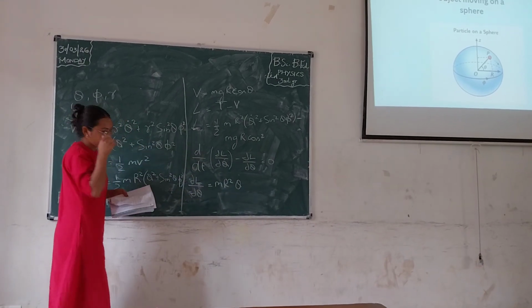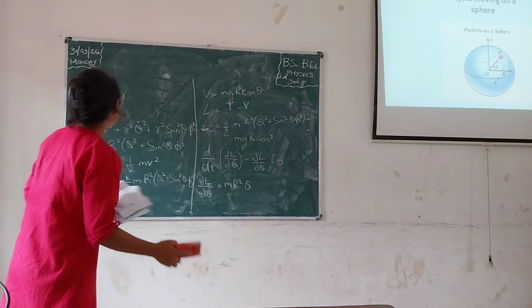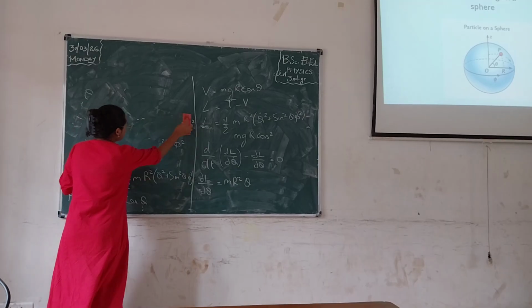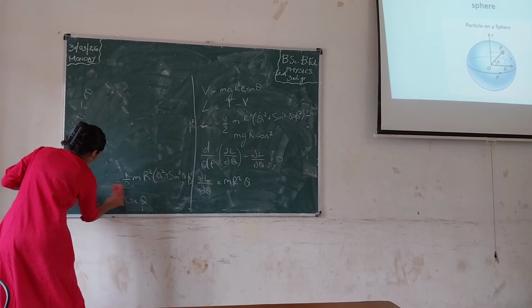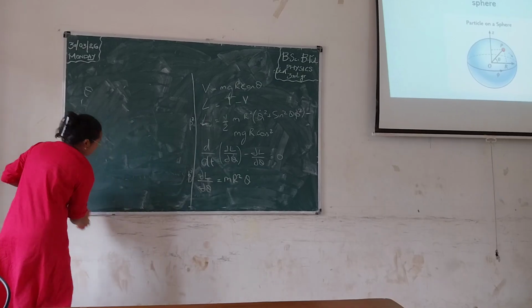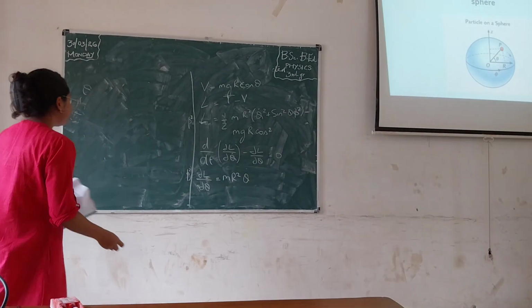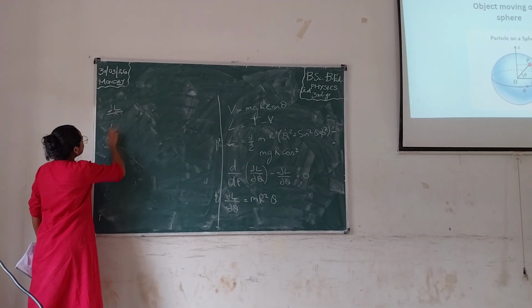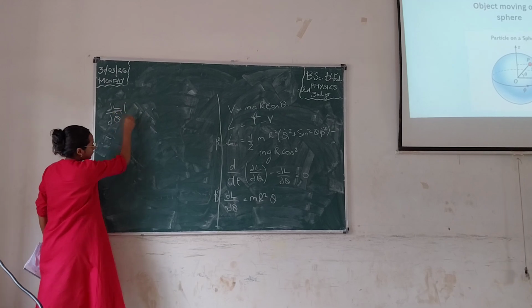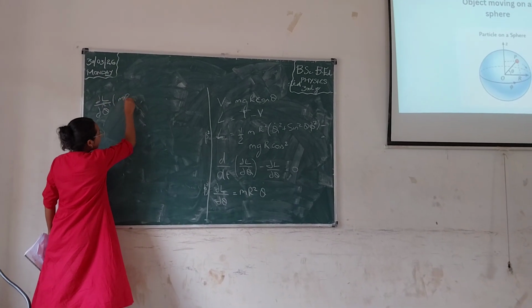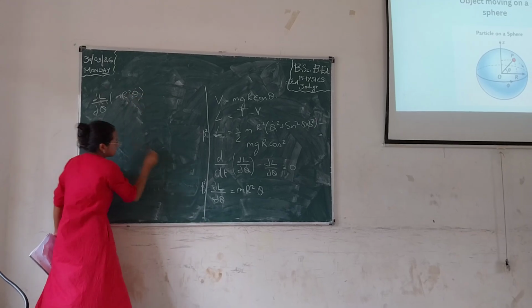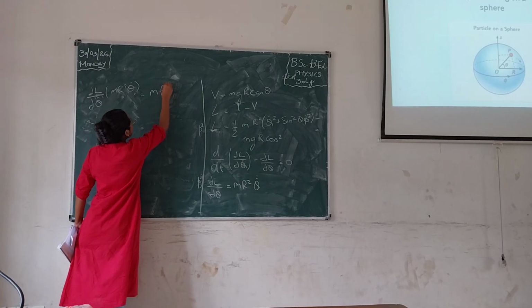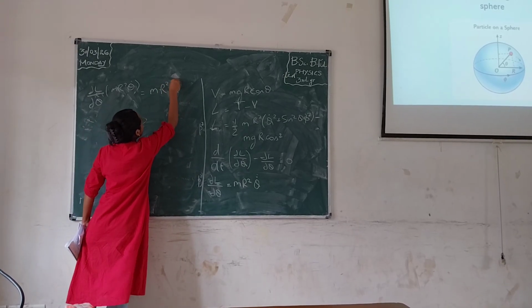Then we will take the time derivative, so d by dt of dou L by dou theta dot is equal to m r square theta double dot.